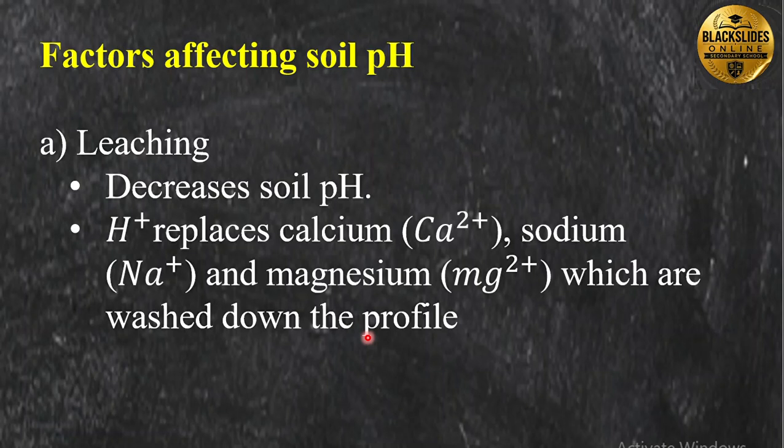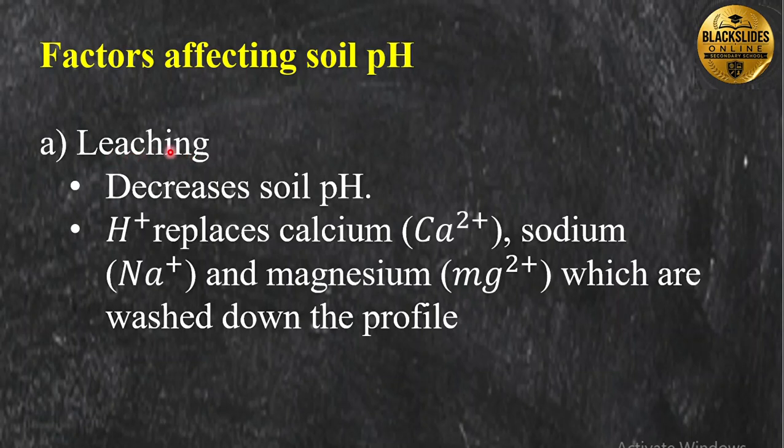What are the factors that determine the soil pH? Whether the soil is acidic or basic, what are the factors that affect the soil pH? One of the factors that affect soil pH is a process called leaching.